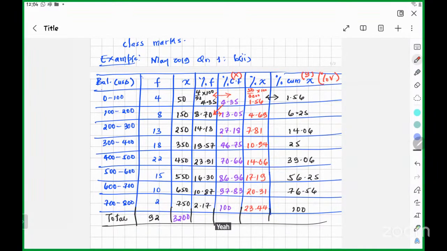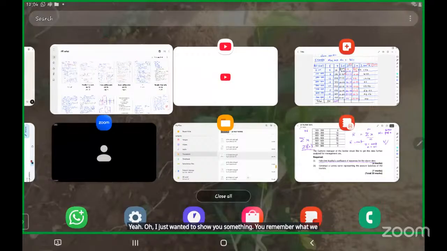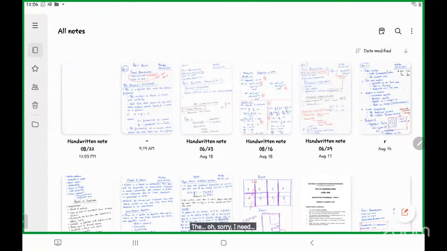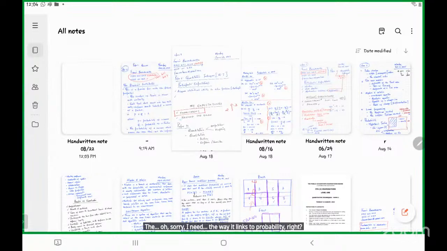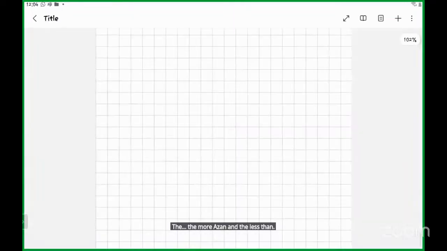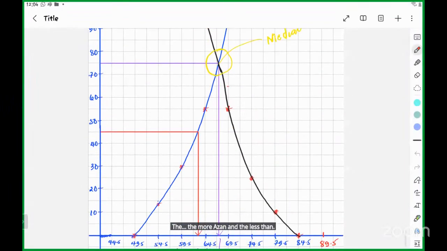Oh, I just wanted to show you something. You remember what we did yesterday? The way it links to probability. I think it's the more than and the less than. You see these curves here?